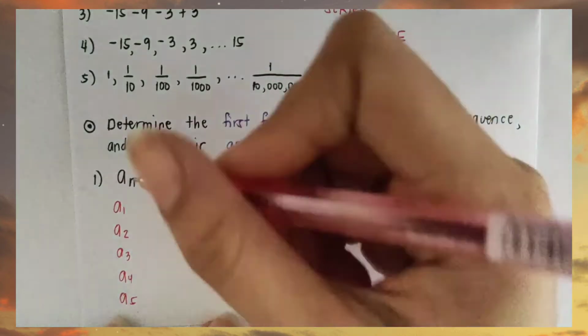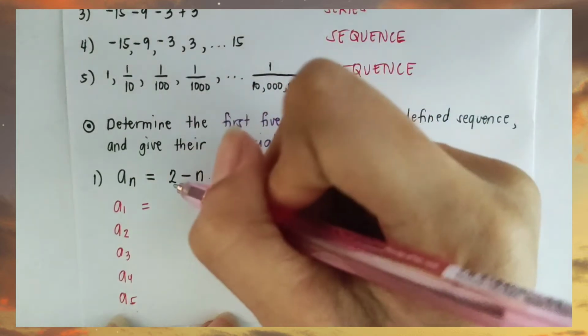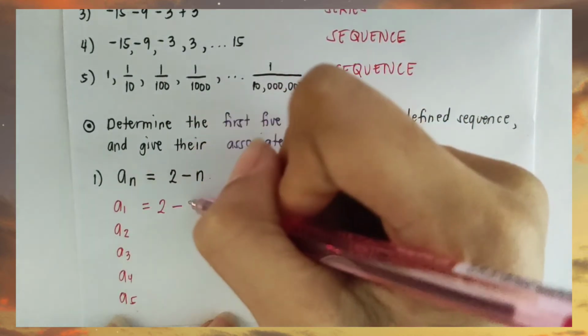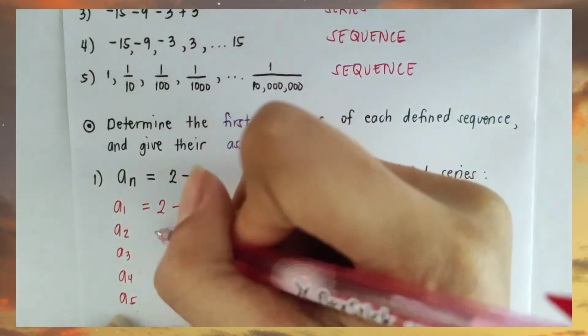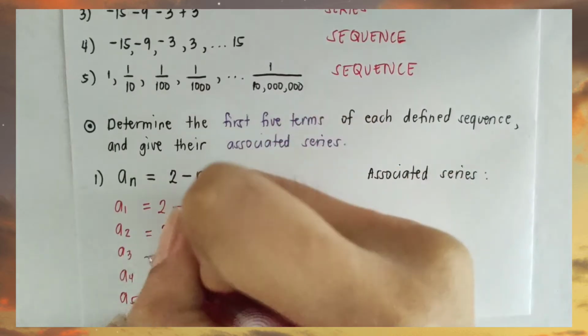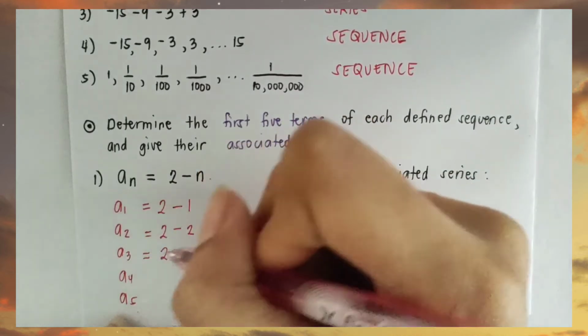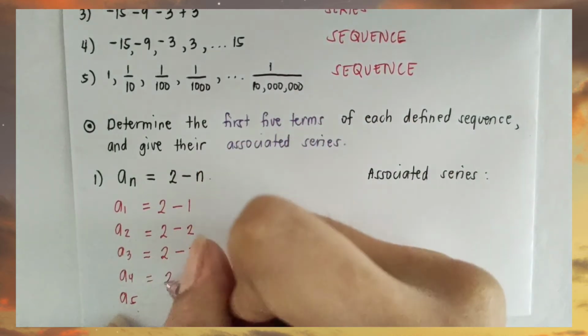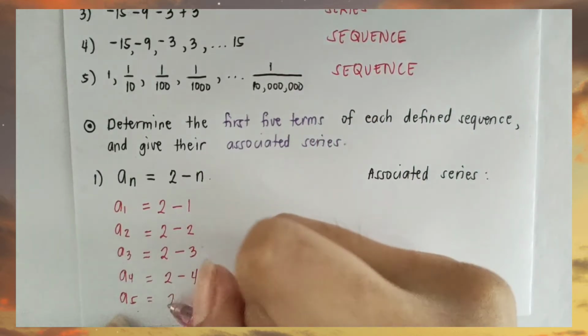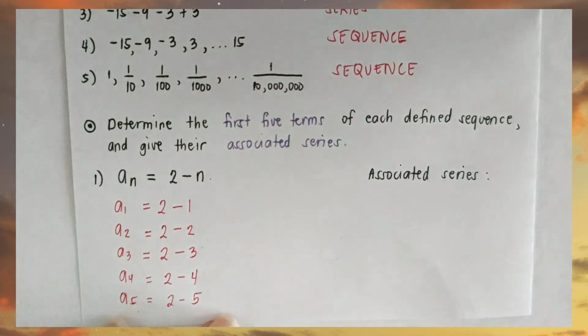So let us write. Is equal to, copy the given, 2 minus, your n will be 1. Next, 2 minus 2, 2 minus 3, 2 minus 4, and 2 minus 5.